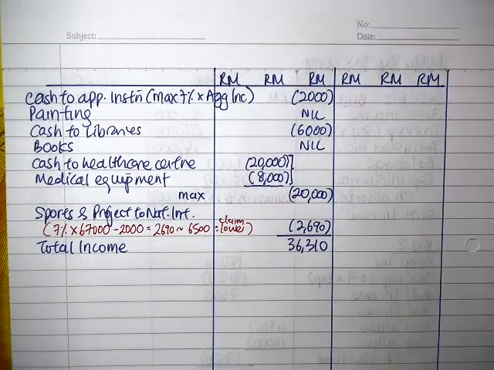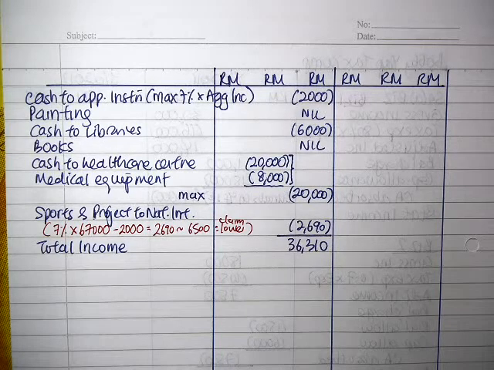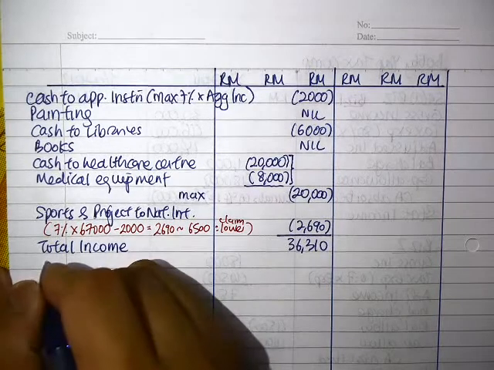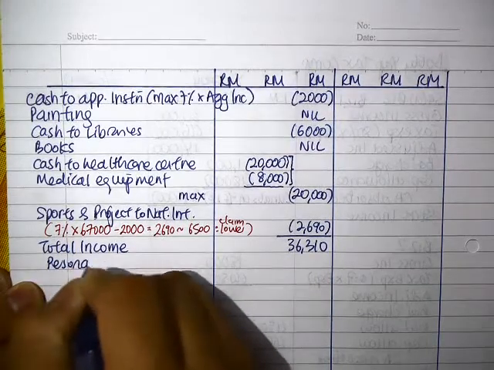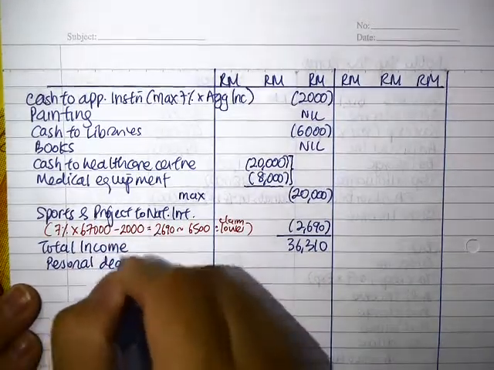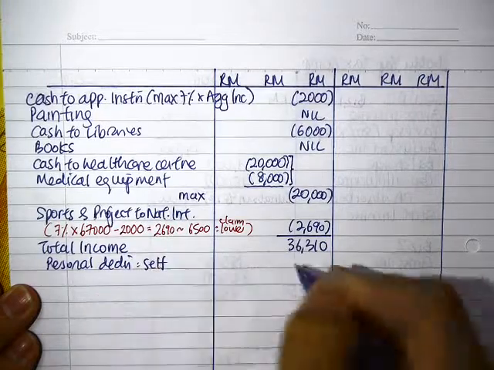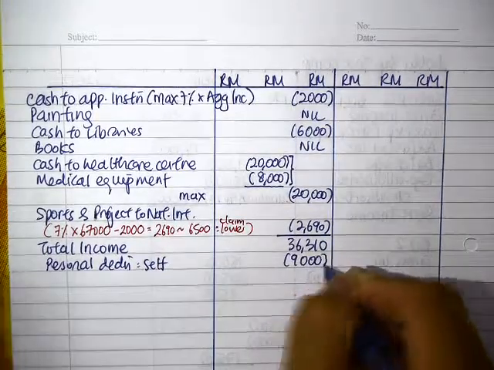This is an earlier example that we covered before on personal relief. In this example, we just have one simple relief, which is a personal deduction of 9,000. That's it.